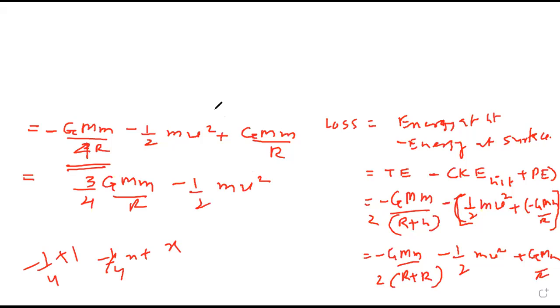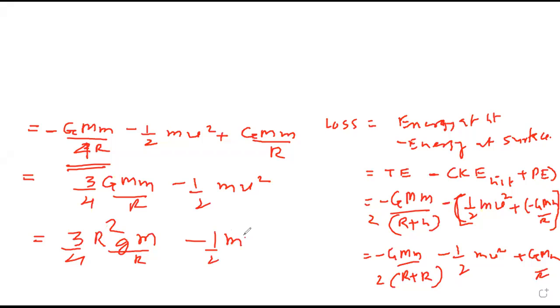Capital G and mass of earth they have not given. We have to convert in terms of r and g. Can I write this as 3 by 4 r square g into m by r? Is it valid, if I write G into capital M as r square g?